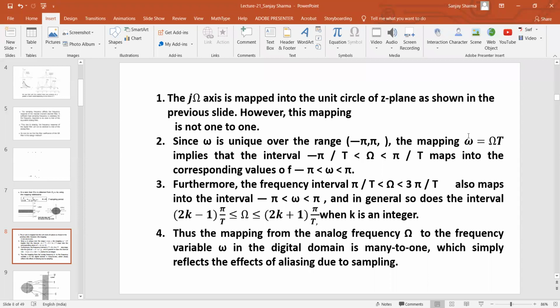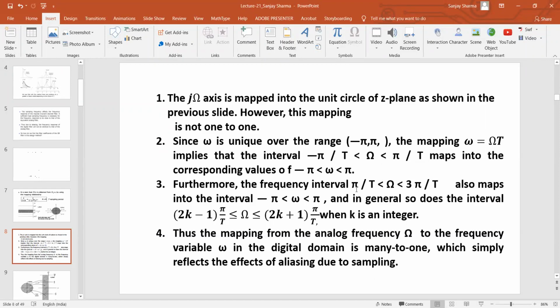From this expression, we can find that when capital omega is minus pi by capital T, small omega is minus pi. And when capital omega is pi by capital T, small omega is pi. So the mapping implies that this interval maps into the corresponding values of minus pi to pi.